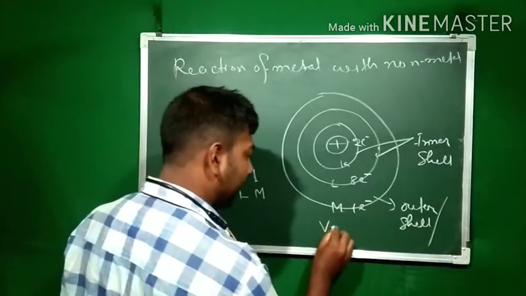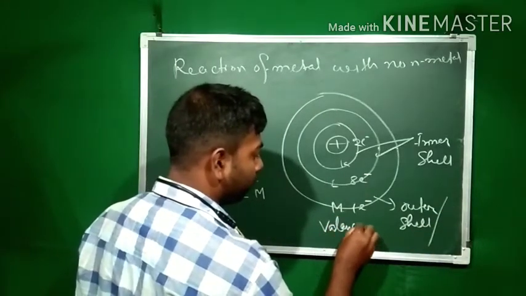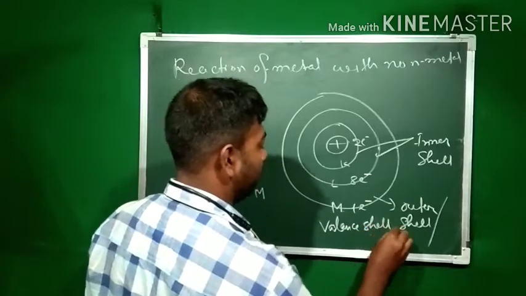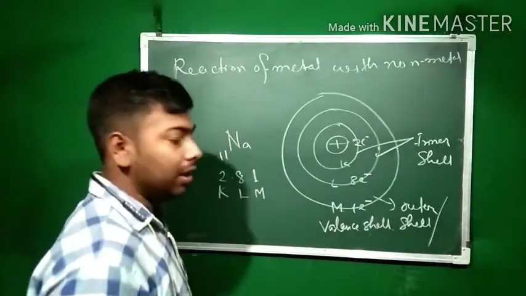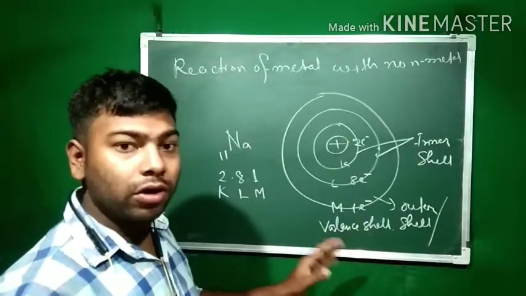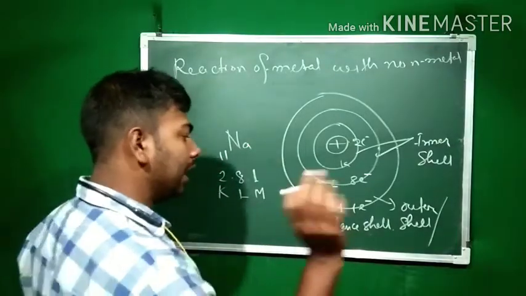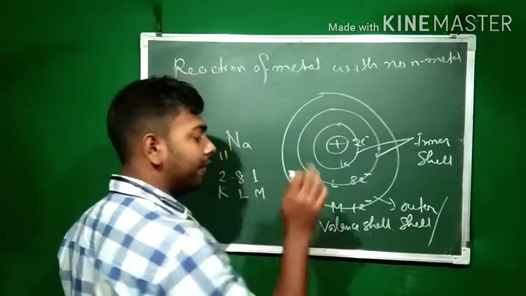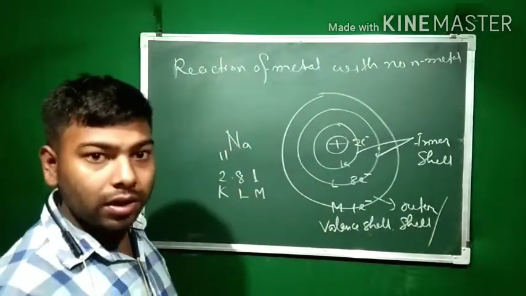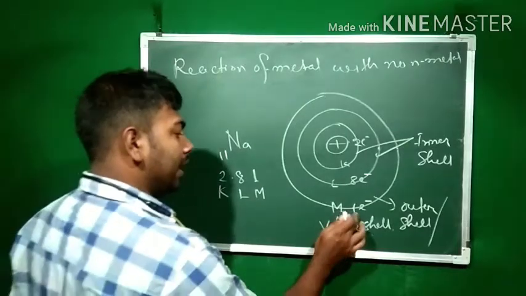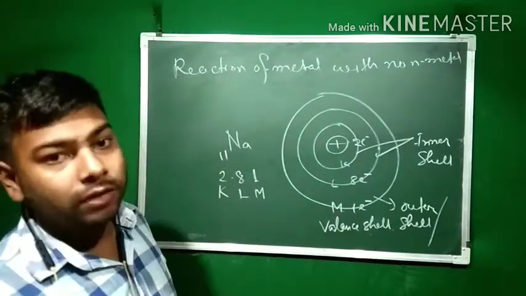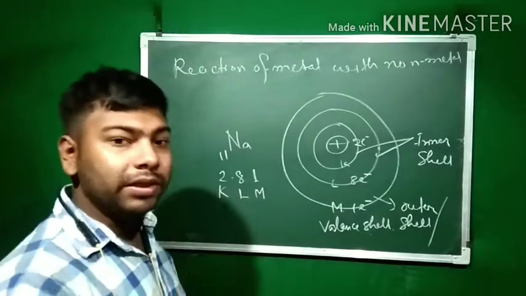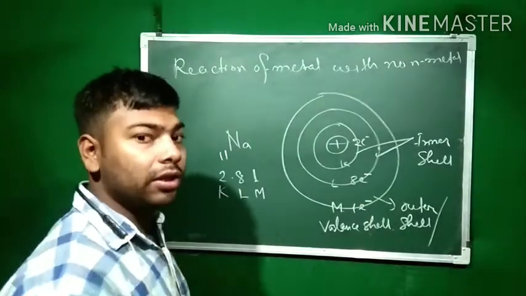It is known as the valence shell. Valence shell means the outermost shell, as I said. The electron in the valence shell, or outermost shell, is known as the valence electron. This valence electron is the only one responsible for the formation of a bond between any species and other species.